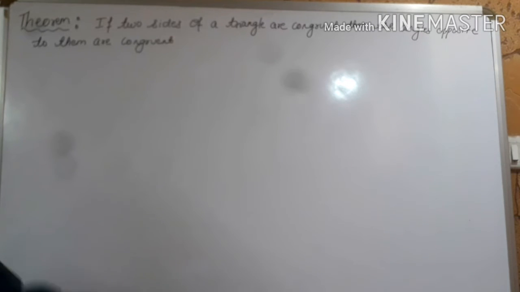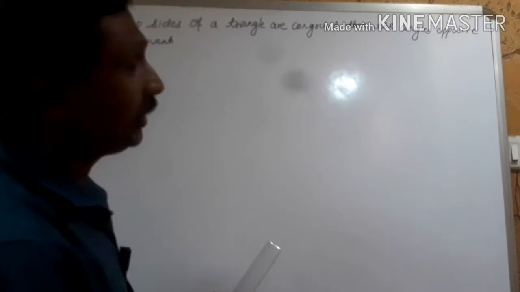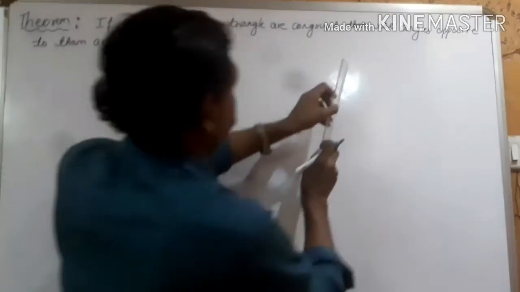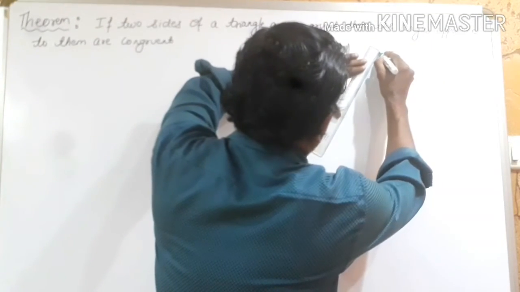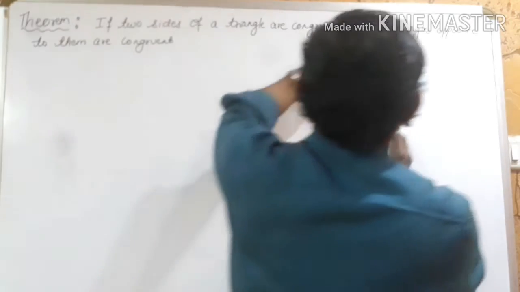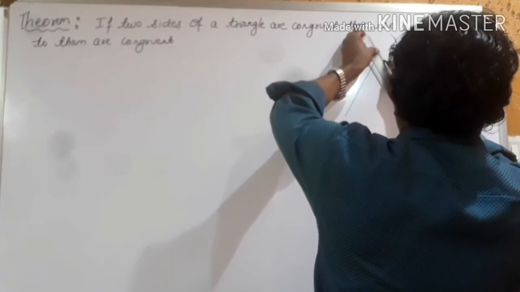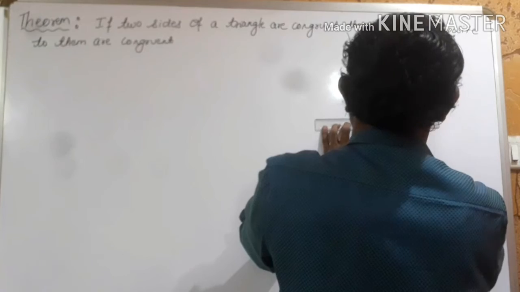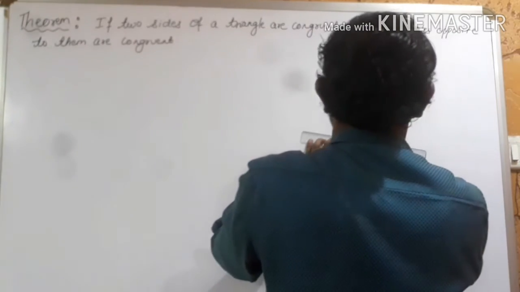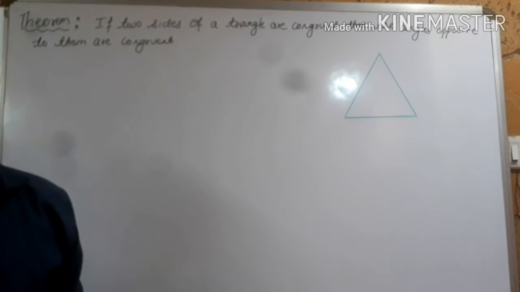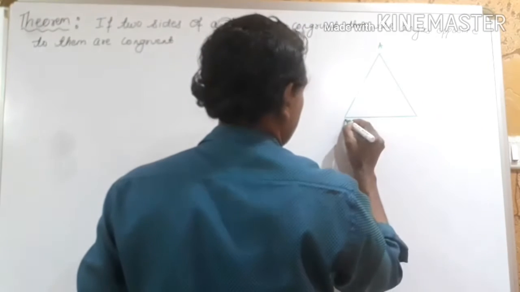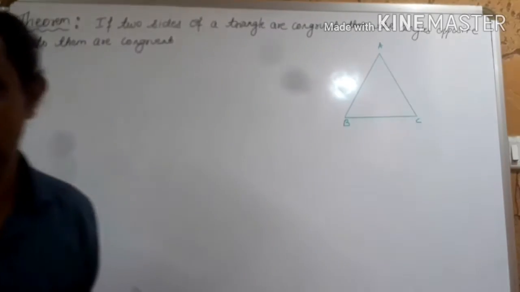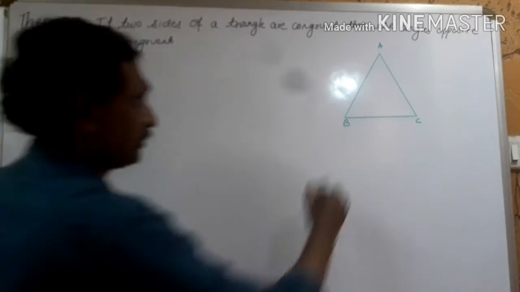Now we will draw a figure before we proceed. Let's draw the figure. I've drawn a triangle. I will name it A, B, C. Okay, carefully see this.